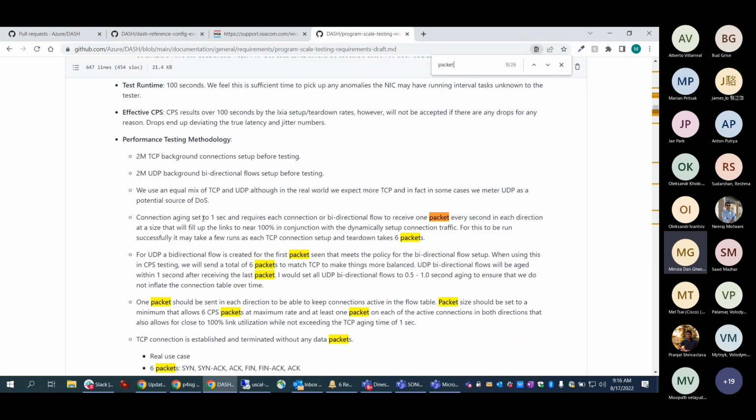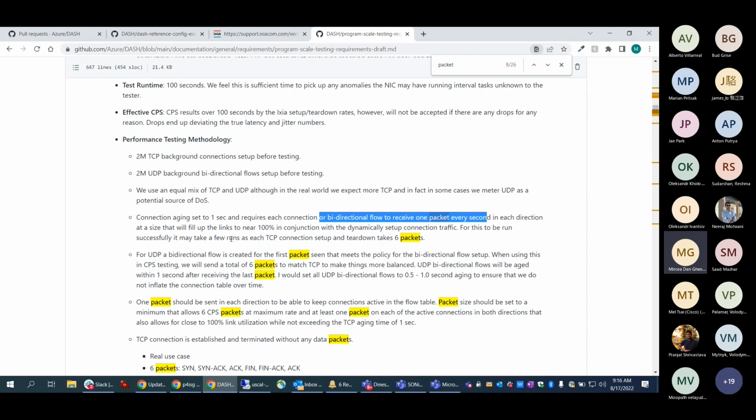Let me give another line here where it says each flow must receive 1 packet every second in each direction in order to keep this alive and fill up the links. So if I need to send, basically, this is for the background traffic, right? I mean, you need to send it also for the other one if you want to keep that flow table.